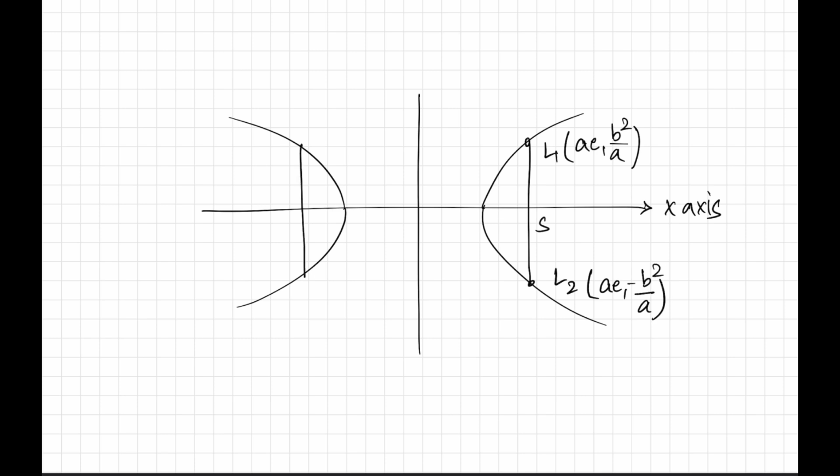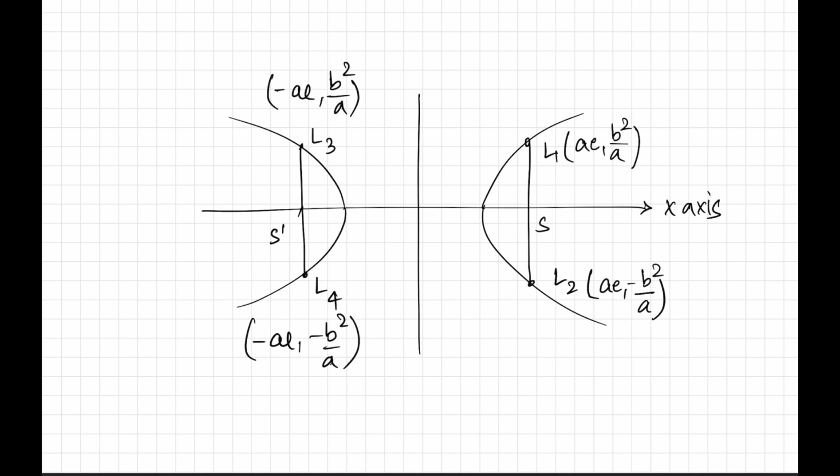Similarly, for the other latus rectum, the ends are given by L3 and L4, and they will have coordinates (minus ae, b squared by a), and L4 will have coordinates (minus ae, minus b squared by a).